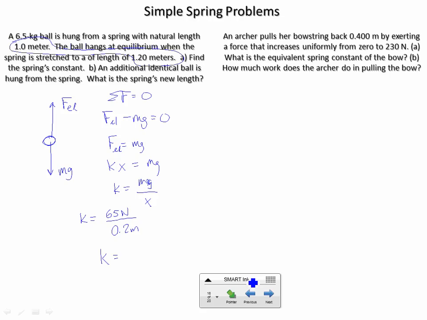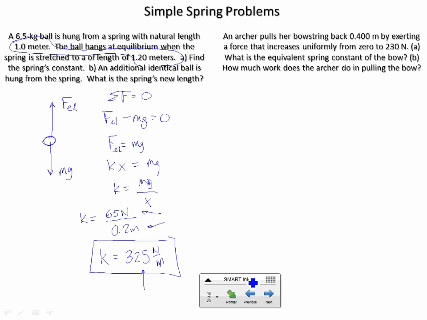So K is, I would say, 325 newtons per meter. So notice, we stretched it a fifth of a meter, and it took a fifth of that force. It takes 325 newtons to stretch an entire meter. So it's just a simple proportion thing.